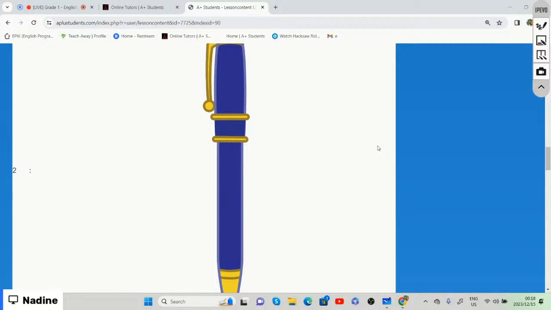Pen is correct, but you need to use a different letter, the p instead of the q. But pen is correct.